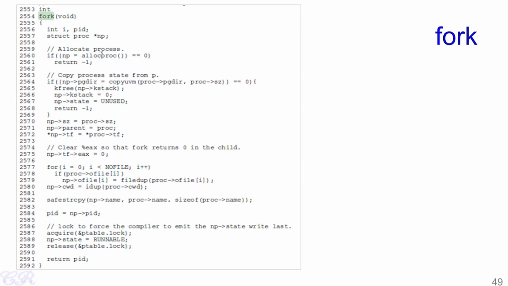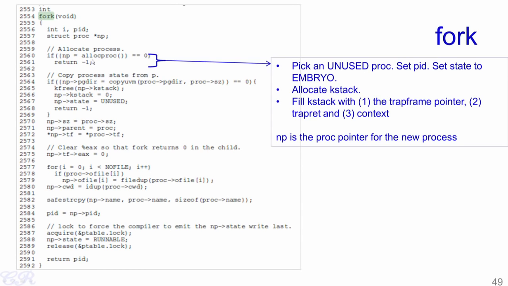Now, the first step that fork does is to invoke allocproc. What allocproc does is that it is going to parse through the ptable and find a proc structure which is unused. Once this proc structure is found, it is going to set the state as EMBRYO.